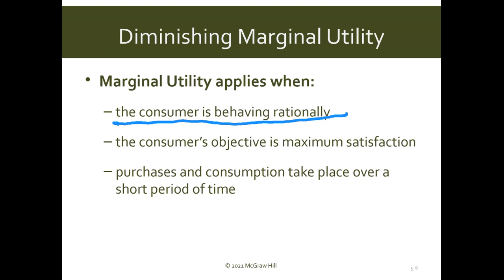Then you take another cup of coffee next morning. Yes, you might get the same $5 worth of utility. What the law of diminishing marginal utility tells us is that we are consuming these units consecutively, within a very short period of time. Then you will see diminishing marginal utility.